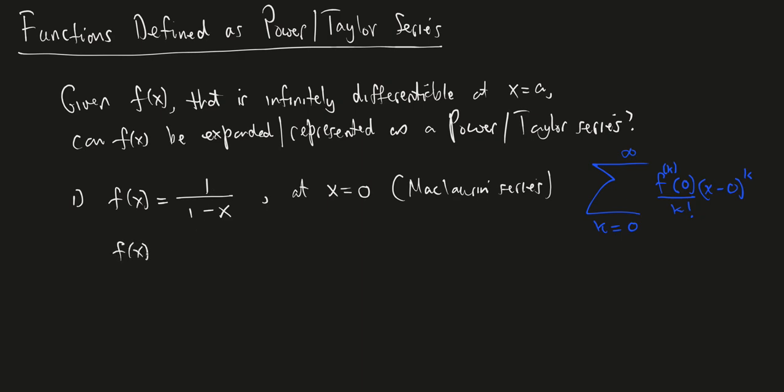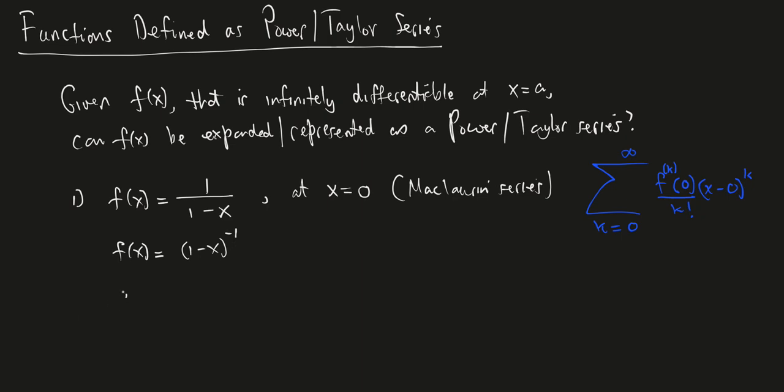So I am going to rewrite this as 1 minus x to the negative 1, and I'm going to start differentiating, but I'm not going to simplify too much, because what we want to see is a pattern from which we can determine the kth or nth derivative.